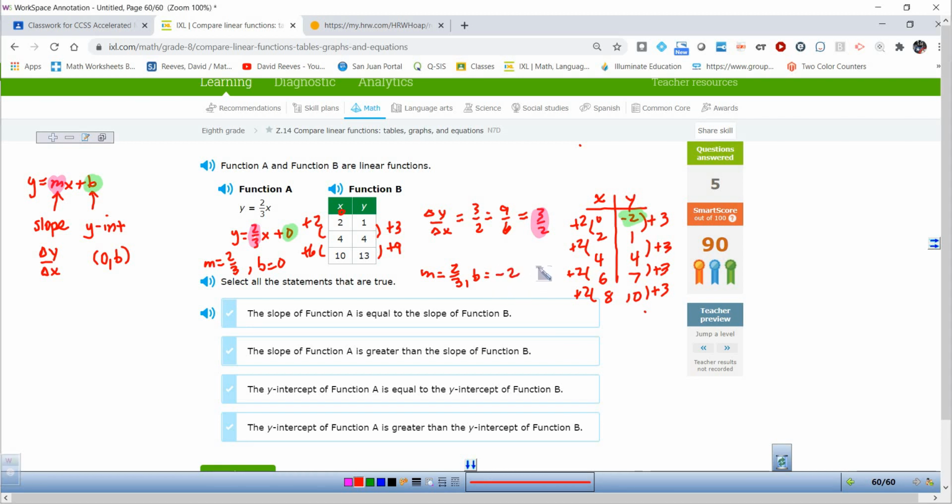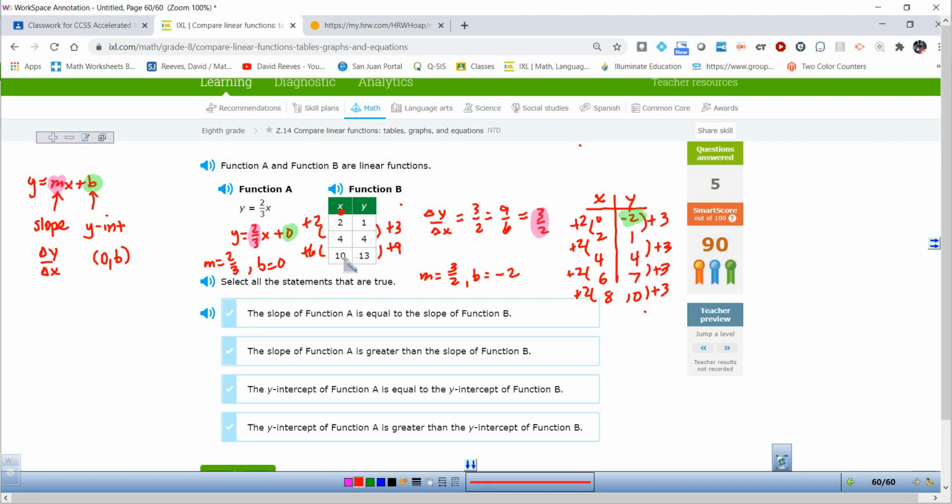And again, if you want to check it, it's a great thing to do. If I did 2/3 of 10, and then, I'm sorry, it's not 2/3, Mr. Reeves. This is why we check our work. The slope is 3/2. Y over x. I'm like, that doesn't work.